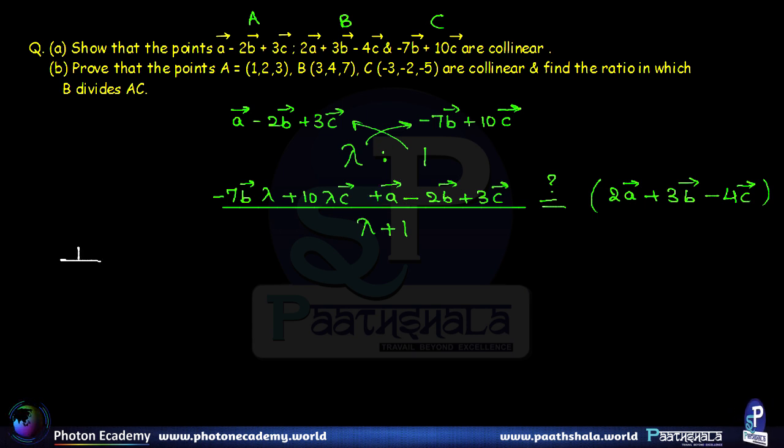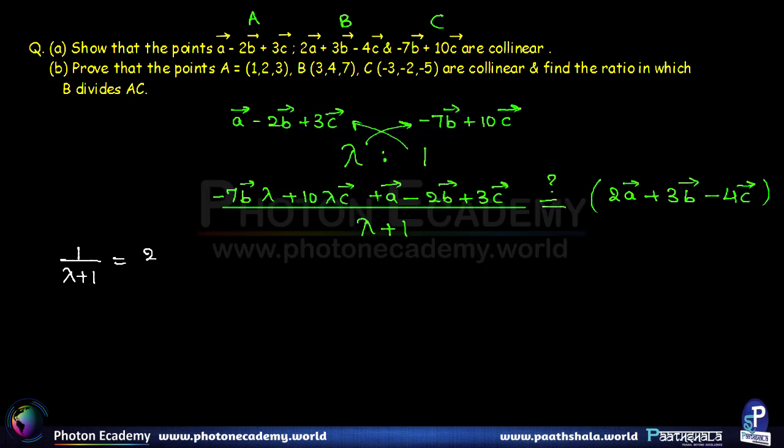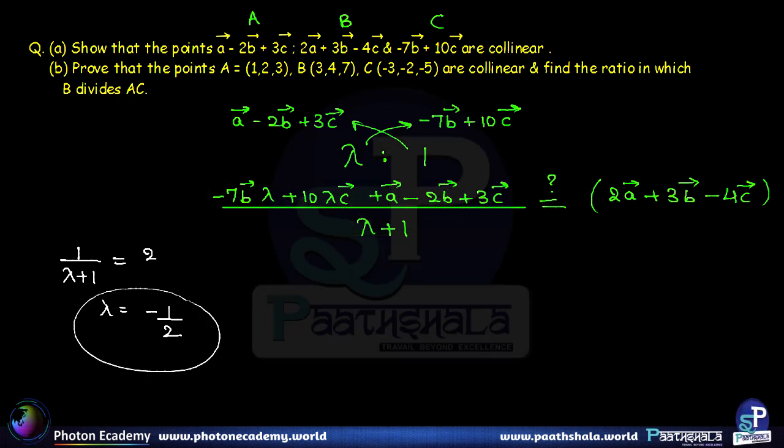So 1 upon lambda plus 1 is equal to 2. So from here we are getting 1 equal to 2 lambda plus 2, and lambda is equal to minus 1 by 2.